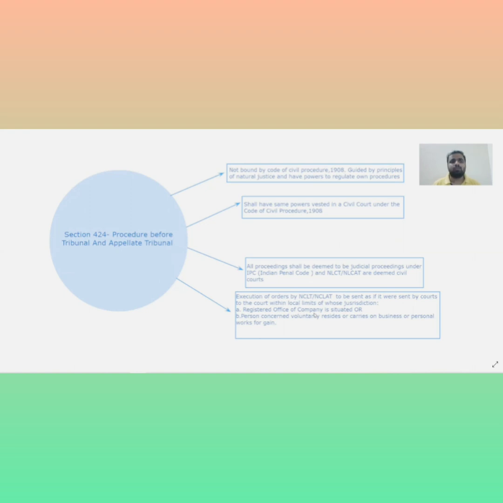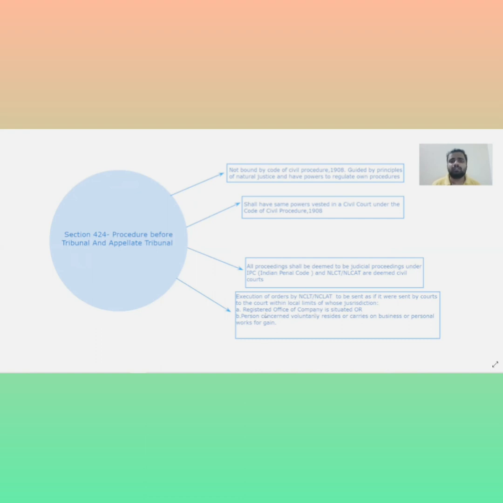Section 424, procedure before tribunal and appellate tribunal. Earlier, I told you in the previous slide why there is no high court; now I can relate and tell you why. But let me first explain the four points which have been given. In short, it is just trying to say that NCLT and NCLAT are independent courts, and they have their own rights and their own power to govern their own regulations.